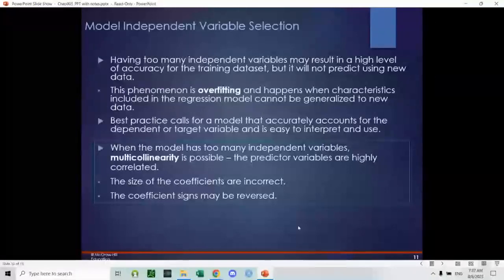So when you go to interpret your model, you'll interpret it wrong, and that can be very dangerous. Because if you tell somebody there's a positive relationship between two variables and they go in and actually make a change to that variable in real life and then it goes down, especially if it's dealing with money, that can be very bad for you as an analyst.